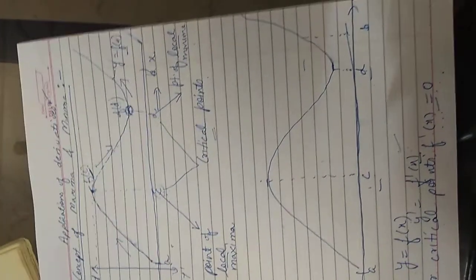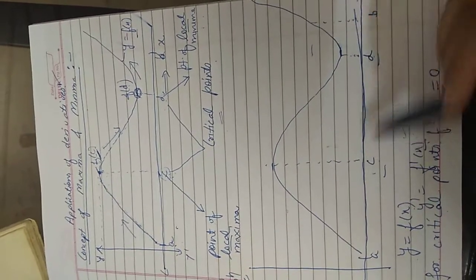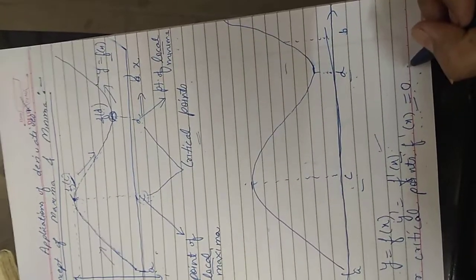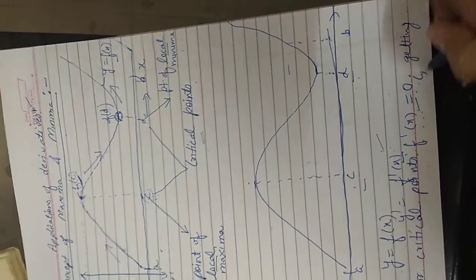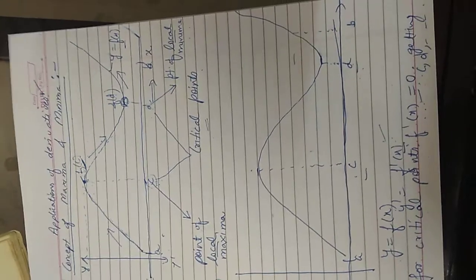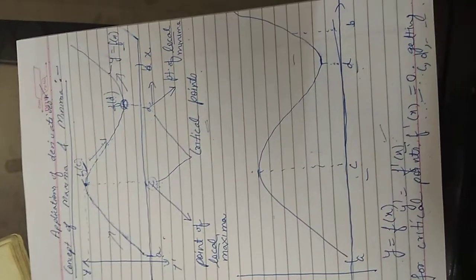I have assumed this just to explain the concept. So let us assume we get 2 critical points C and D. There can be 3 also, 4 also, even 1, right? So here are the critical points C and D.